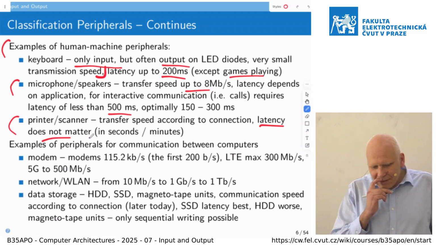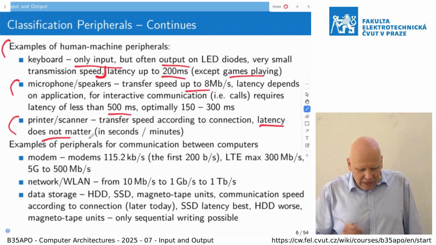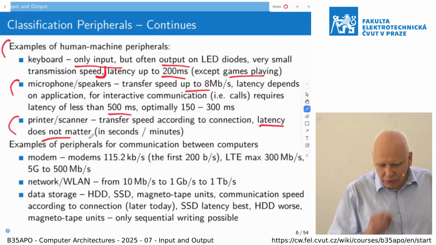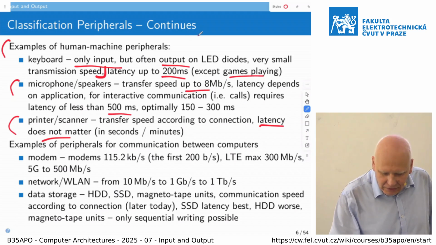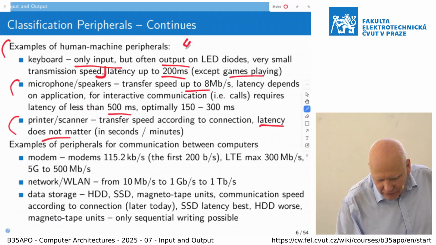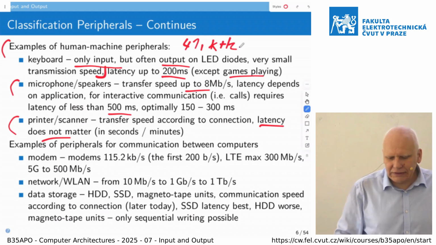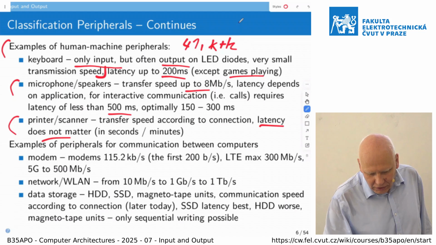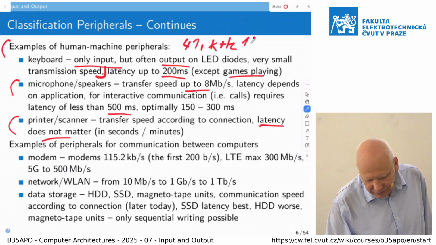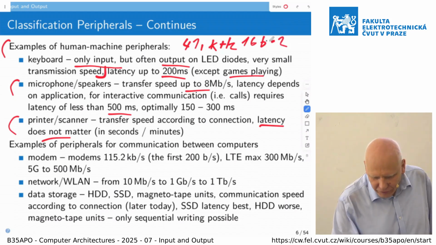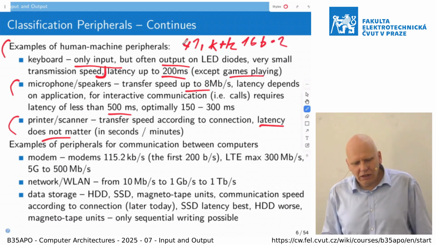If we speak about voice and audio and music and so on, then the typical sample rate today is something like 41 dot something kilohertz. You want to have at least 16 bits per channel multiplied by 2 channels, so it is 4 bytes at 40 kilohertz.